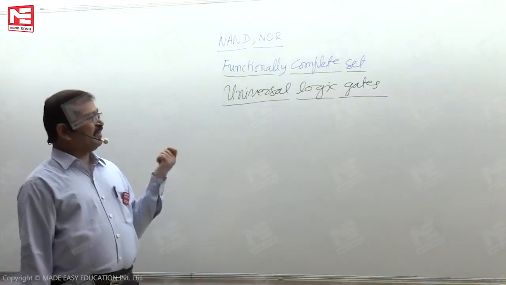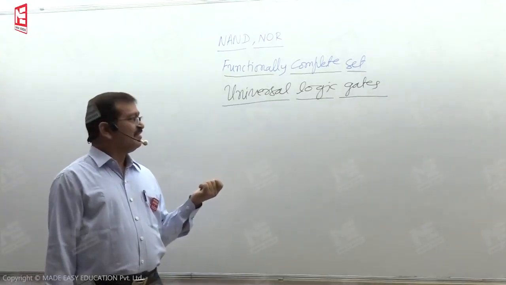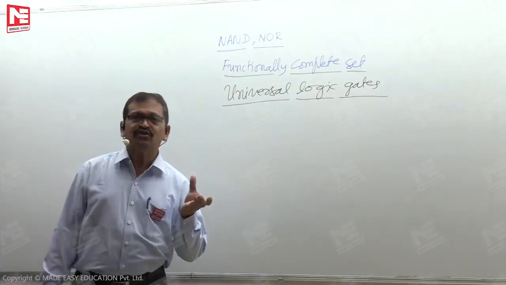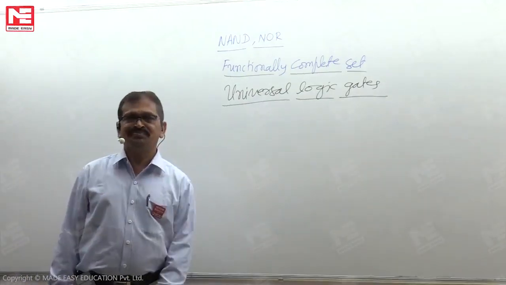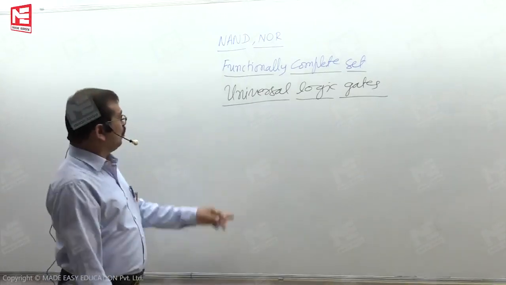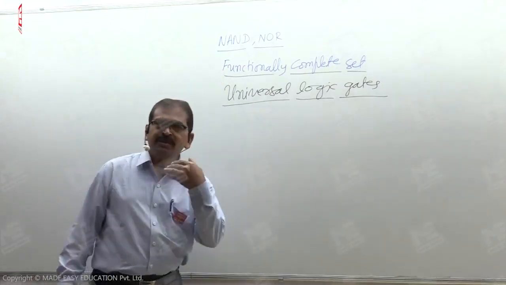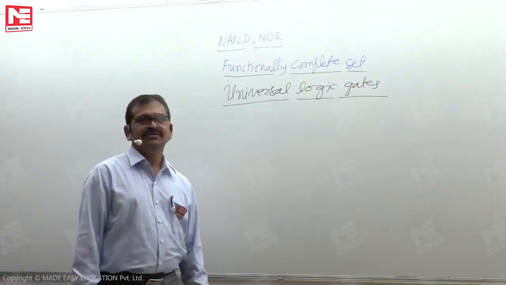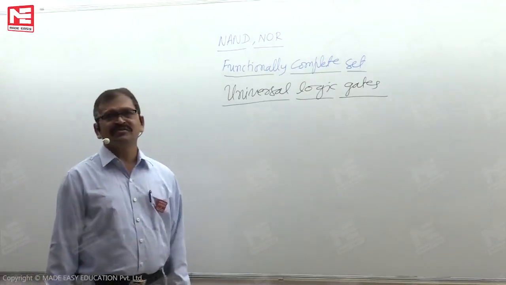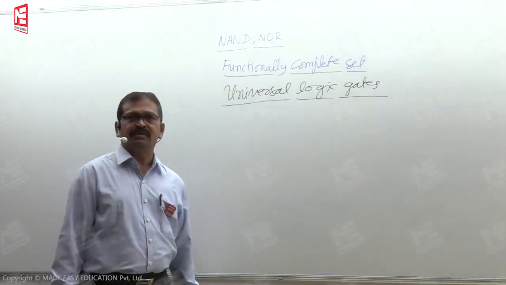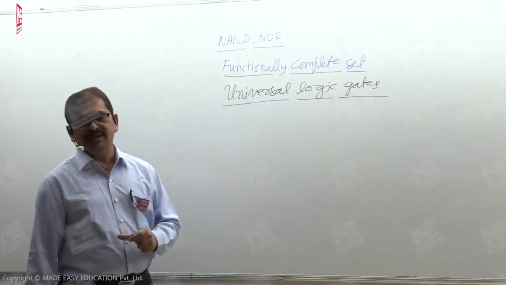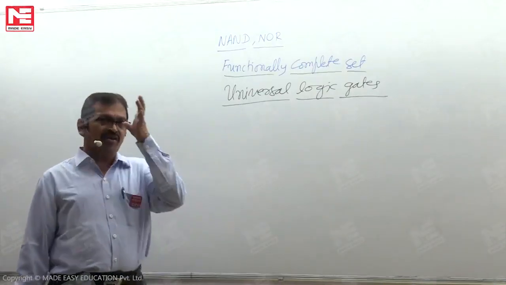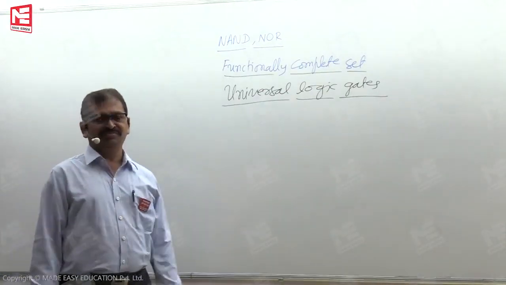The meaning of universal logic gates is: if by using only NAND gates we can implement the total digital system, or by using only NOR gates we can implement the total digital circuit, and we are able to prove it, then we accept the NAND gate as a universal logic gate or the NOR gate as a universal logic gate.